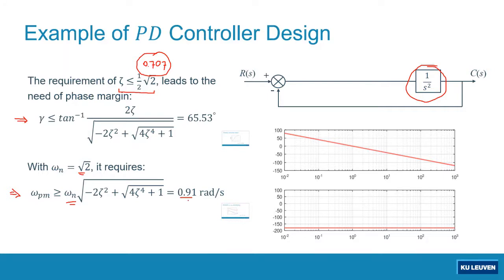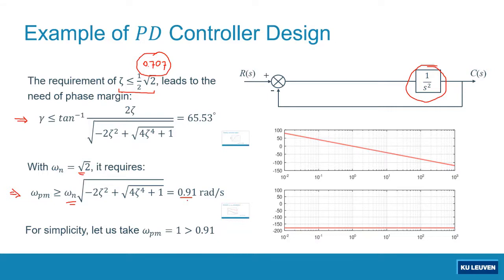So instead of setting phase margin frequency greater than or equal to 0.91, I simply want to set as a second requirement omega pm, phase margin frequency, equal to 1. 1 is greater than 0.91. So let's set this omega pm, the phase margin frequency, equal to 1 radian per second as our second requirement. Okay, so the second requirement is that omega pm, phase margin frequency, should be equal to 1 radian per second.